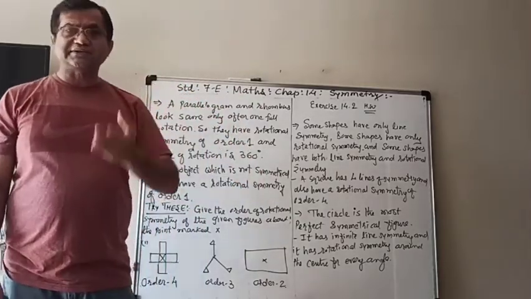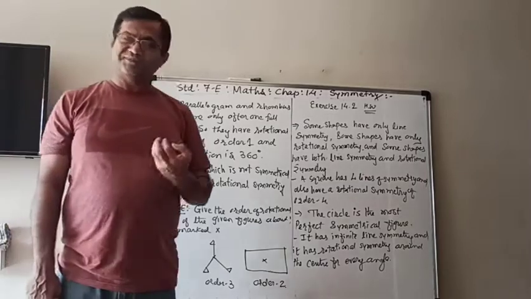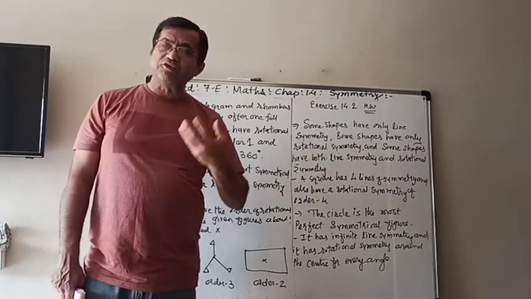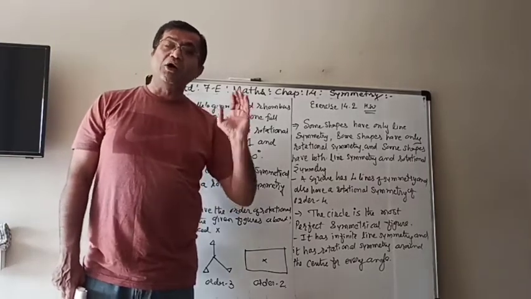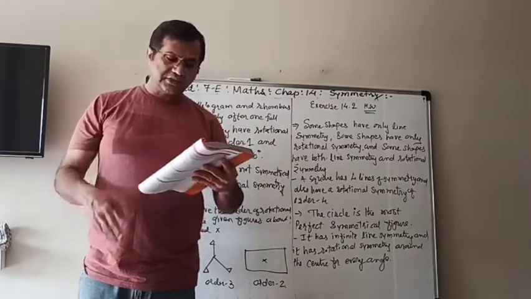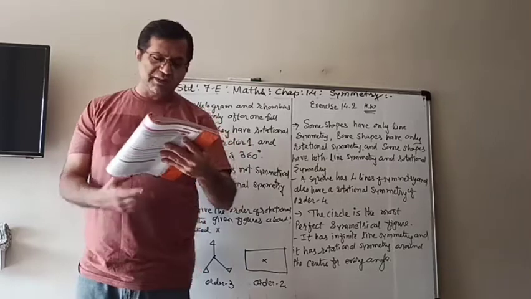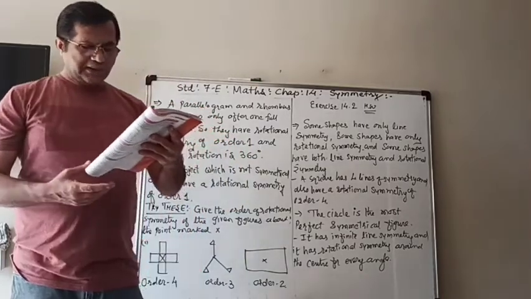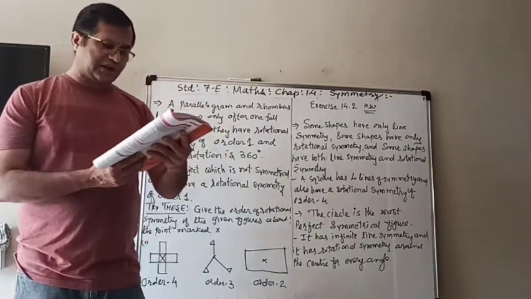Similarly, if you take a rectangle or any other objects, then you will find that some of them have both types of symmetry, a line symmetry also and a rotational symmetry also. Now, what about a circle?